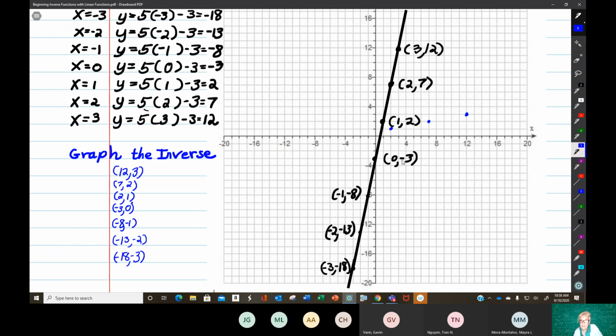And (0, -3) becomes (-3, 0). And (-1, -8) becomes (-8, -1). And (-2, -13) becomes (-13, -2). And (-3, -18) becomes (-18, -3).